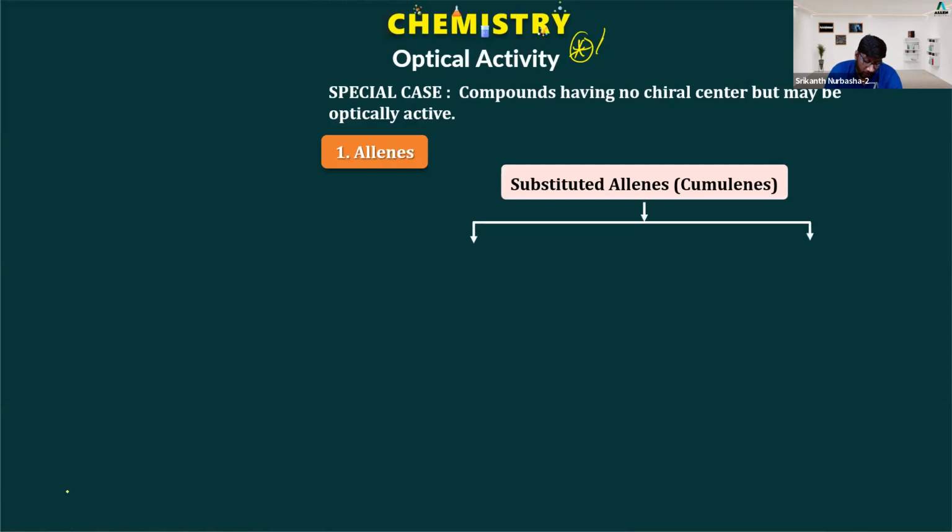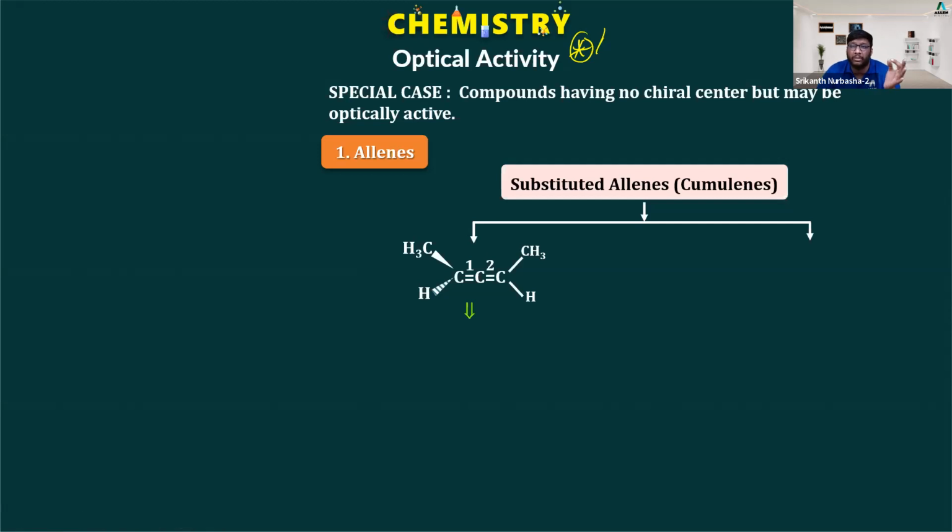So understand this carefully. C double bond C double bond C. Whenever we have an even number of double bonds, the configuration on the first carbon and the third carbon are going to be exactly perpendicular to each other. Understand this point.